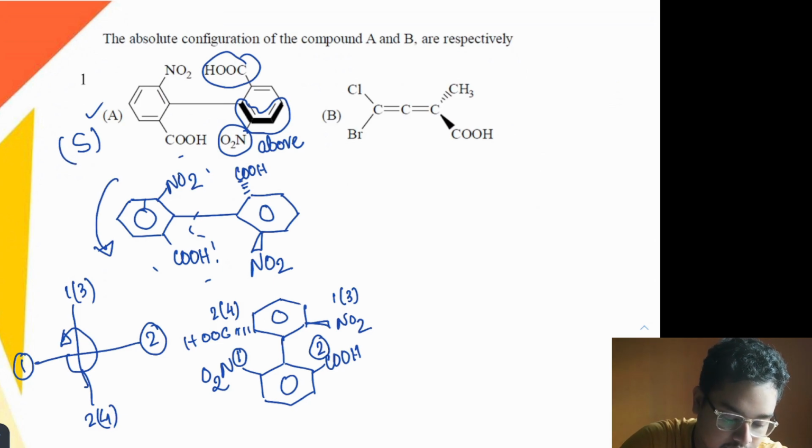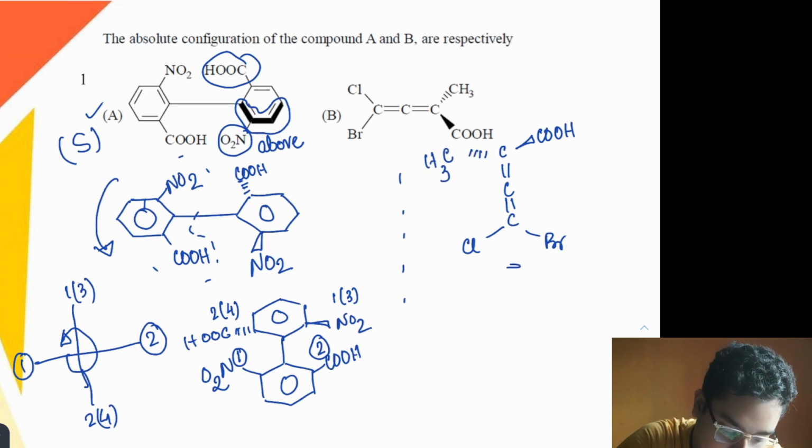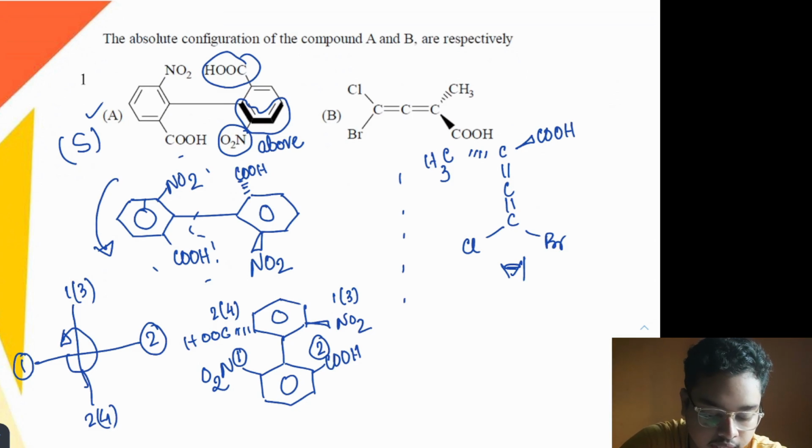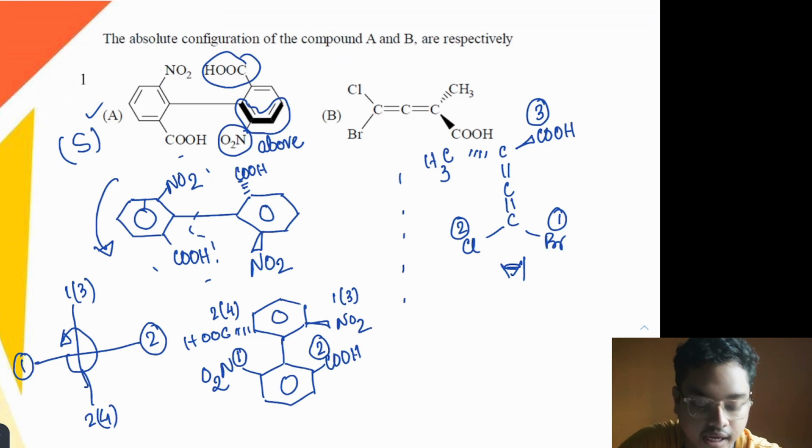Similarly, we skip down this part. It will be looking like this, with COOH and CH3, viewing from this side. Between chlorine and bromine, bromine is the highest priority because it has the higher atomic mass. It will be 2, and between these two, the carboxylic acid group will be the highest priority.